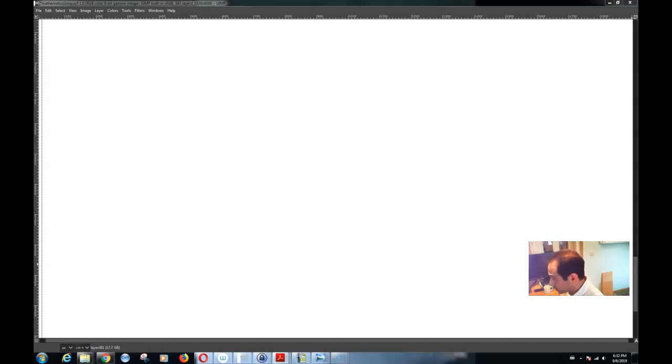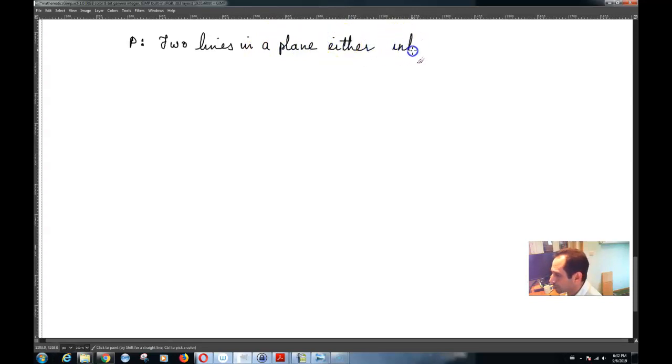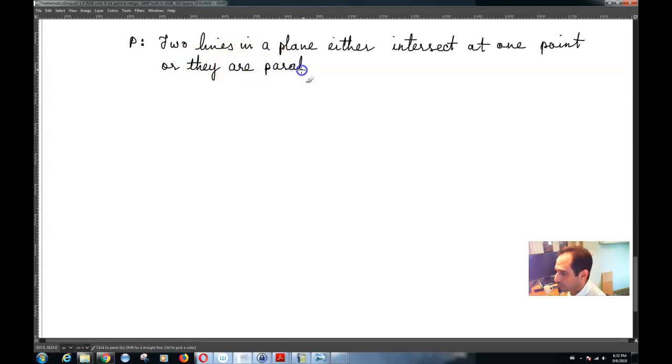So there is a statement P: two lines in a plane either intersect at one point or they are parallel.